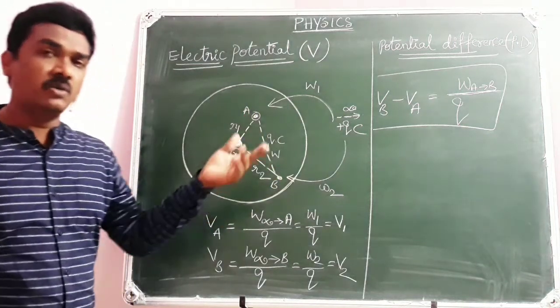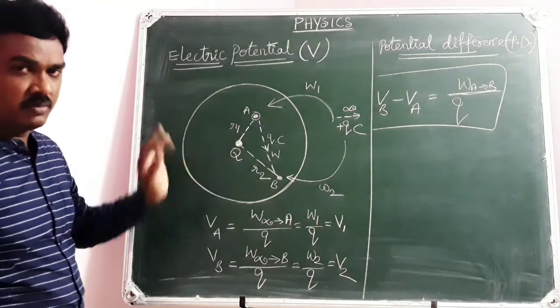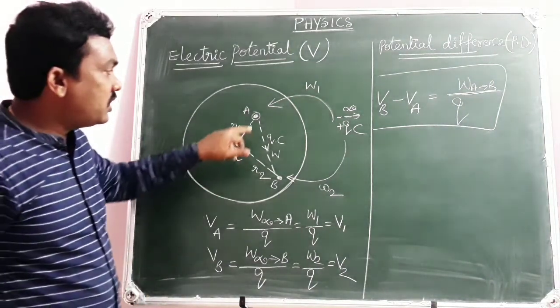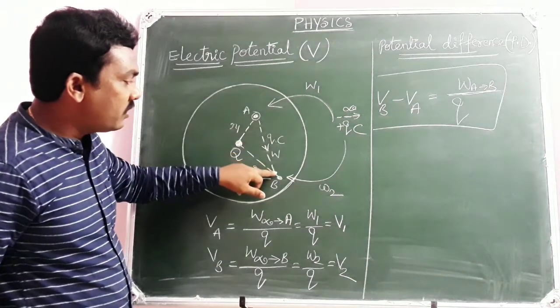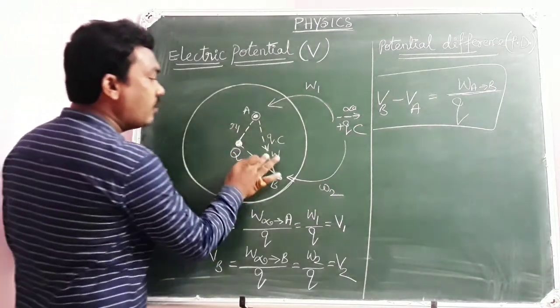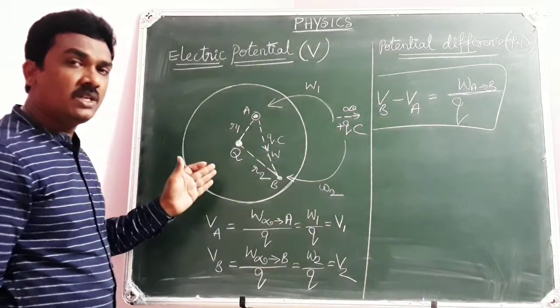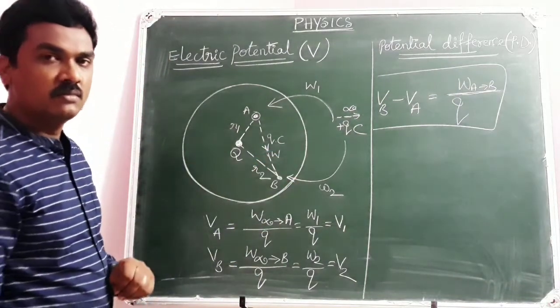If you are taking it from B to A, then I will write VA minus VB. So the conclusion is, the potential difference between the 2 points is defined as the amount of work done per unit charge to carry between the 2 points.